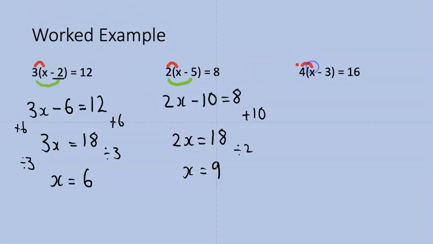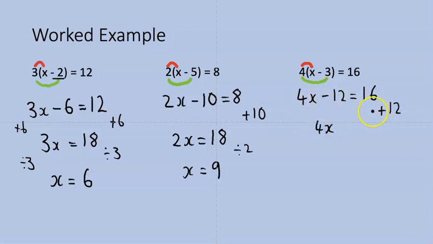Finally, 4 times x would give me 4x. 4 times minus 3 gives me minus 12. And doing the same again, add 12 onto both sides. So this side is going to be 4x.